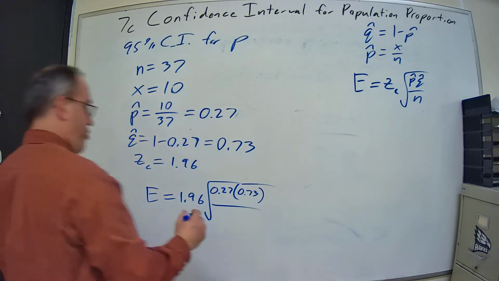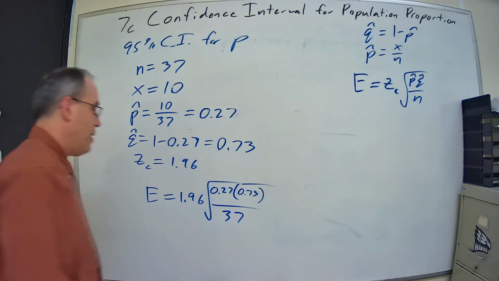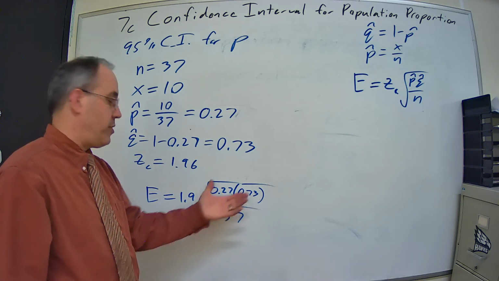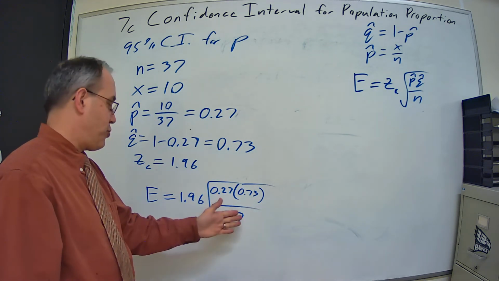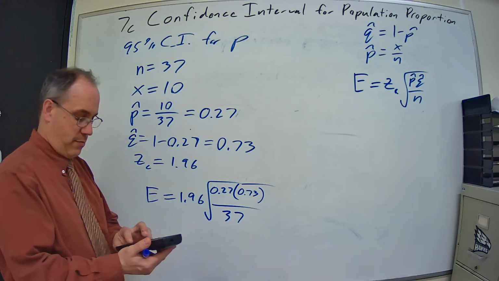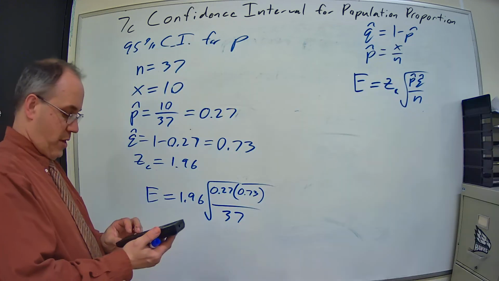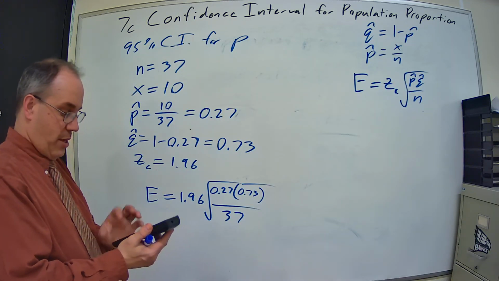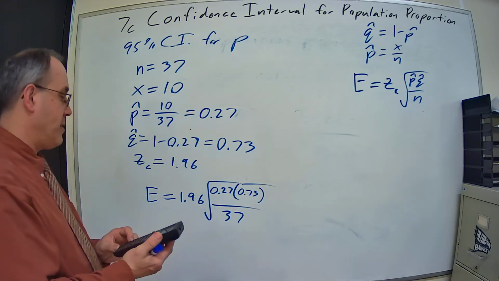Over N, 37. Be careful of order of operations in this. You have to do everything in the radical first, take the square root, then multiply by 1.96. Okay, so 0.27 times 0.73 gives me about 0.1971.